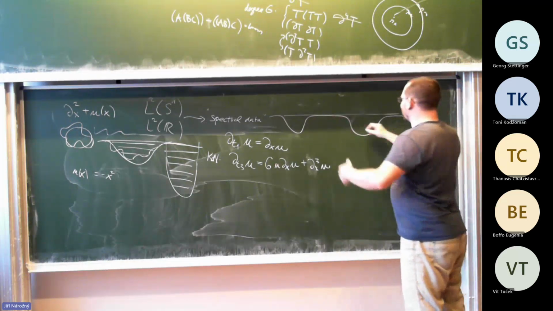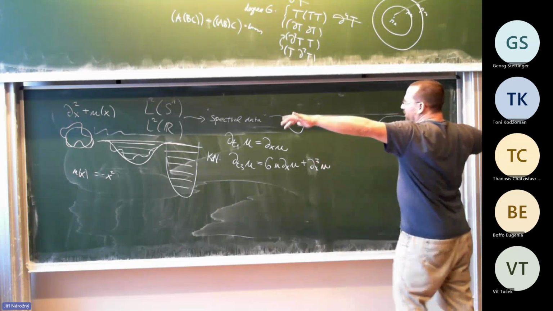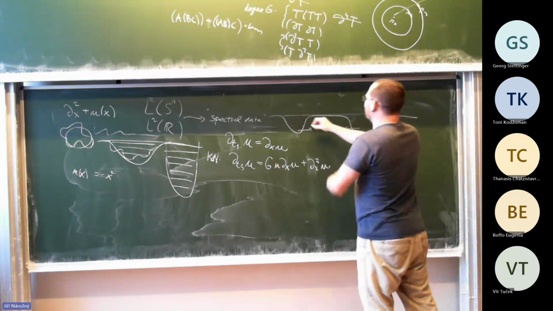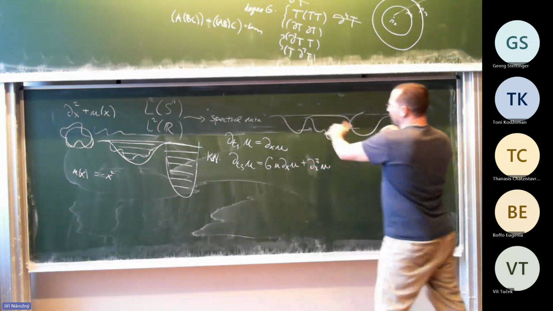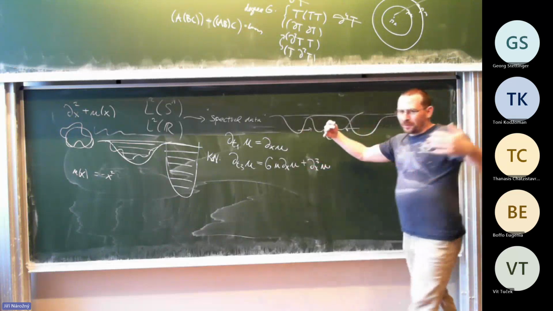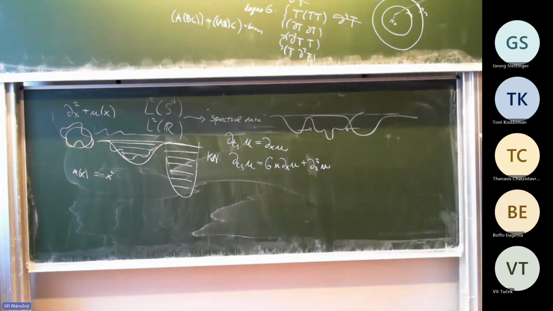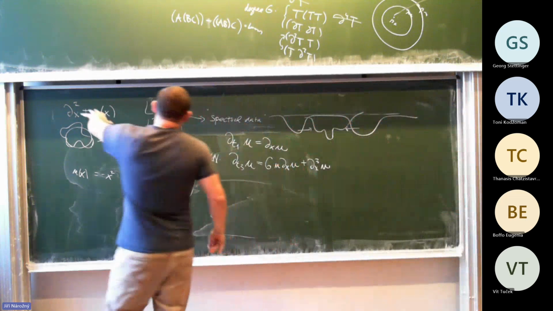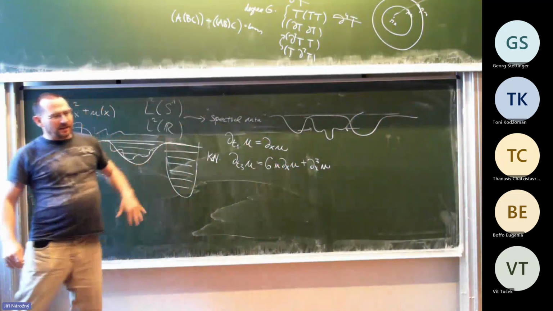You can think of a situation where they are at the beginning very separated, and then as I evolve it, they come closer together. Then at some point they can do something like this, and then they pass each other and go again to the opposite infinities. And the claim is that for every fixed time in this picture, I get some Schrödinger potential which has exactly the same spectrum as at the beginning.